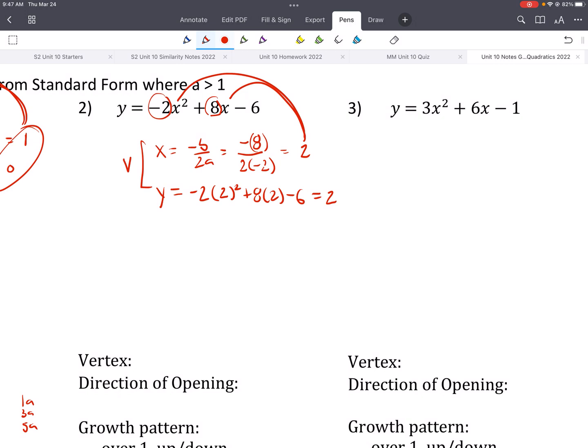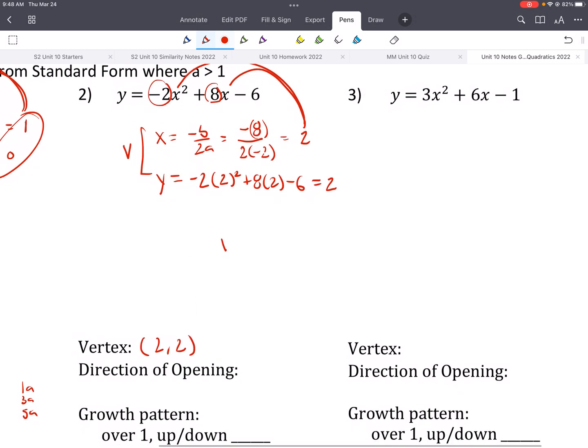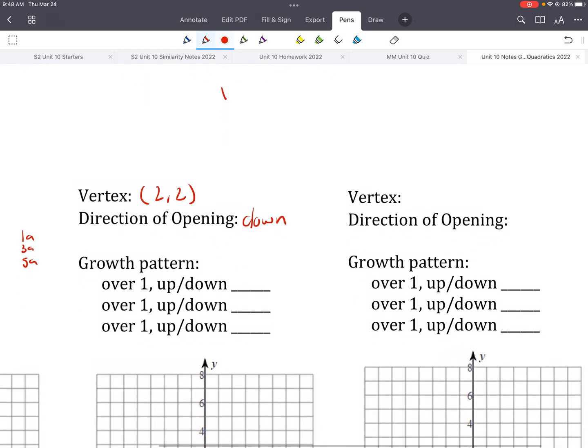Yes, I think that'll be good. So our vertex here, I guess we'll write it here, will be 2 comma 2. And the direction of opening for this one, A is a negative 2, so it's going to go down because A is negative. Pattern here again is the same.